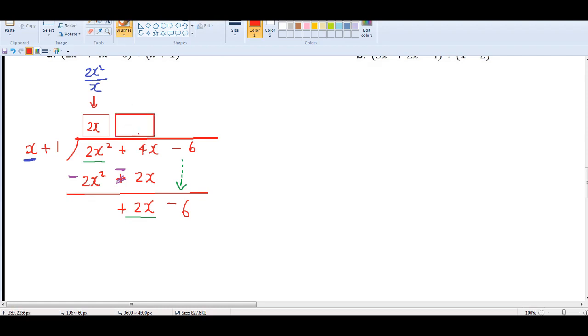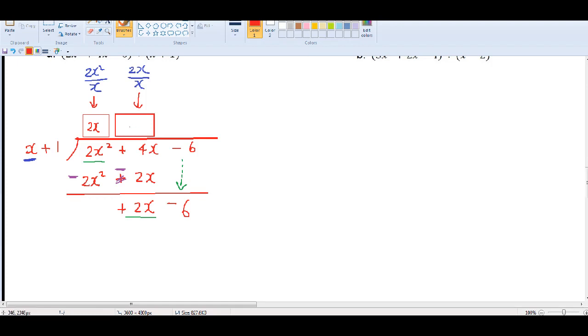I make the box a little bigger for some reason. Again I use 2x divided by the leading term of the divisor, which is x, and you will get 2 over here.